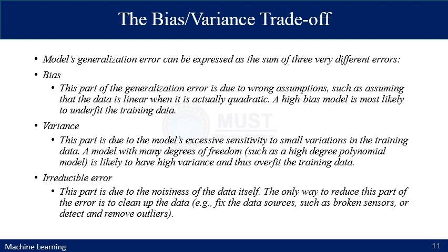So the generalization error is usually expressed as the sum of three very different errors, and this is called the bias variance trade-off. Bias and variance are the characteristics of the model. Bias is an assumption of the model.